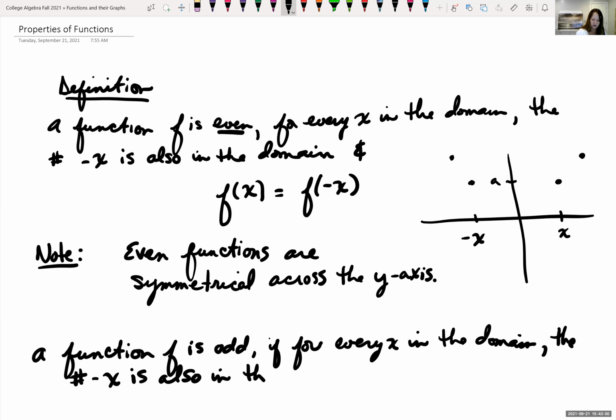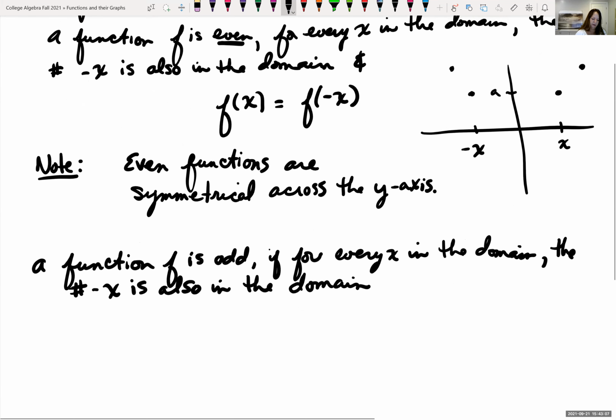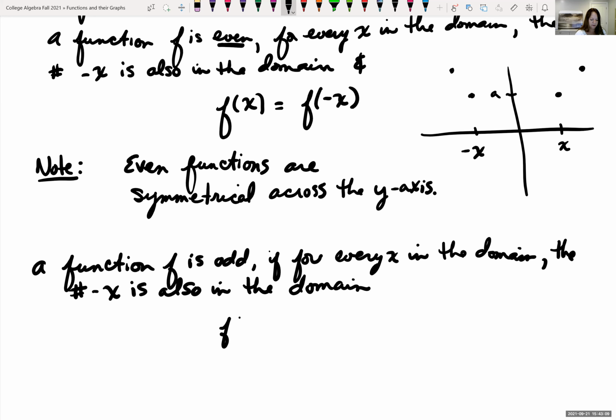And the following has to hold. So in this case, if we plug in negative x wherever we see an x, we should get back the negative y value of the original x, so negative f of x. Odd functions are symmetrical across the origin.